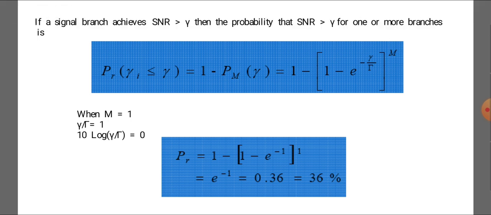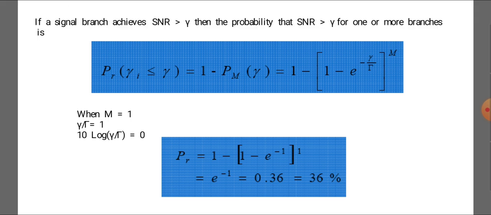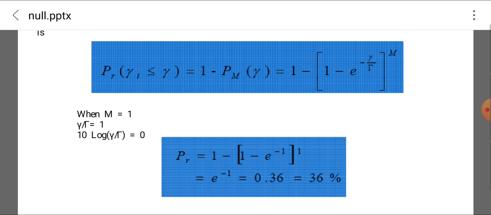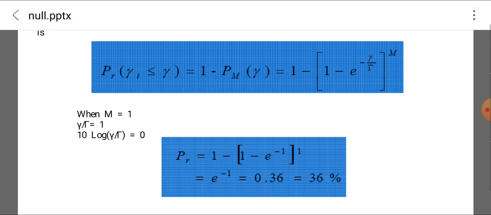So 1 minus Pm of gamma, which was already found in the previous slide. The Pm of gamma is nothing but the probability that the M independent branches receive signal with the signal to noise ratio less than threshold. So which is finally given by 1 minus of 1 minus e power minus small gamma by capital gamma whole power m.